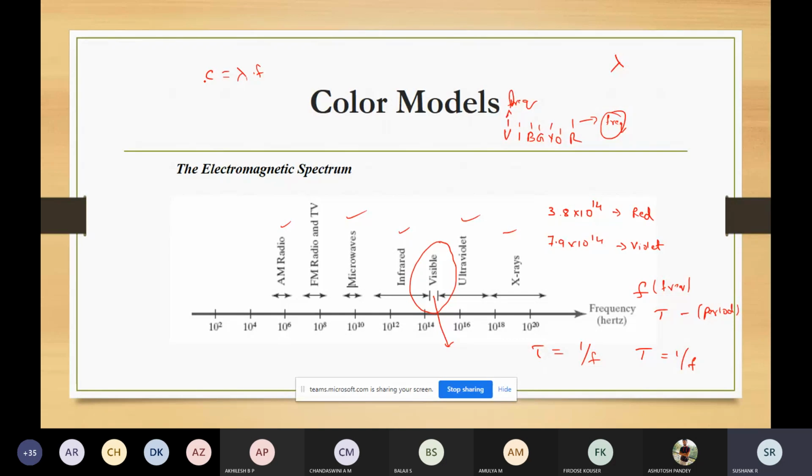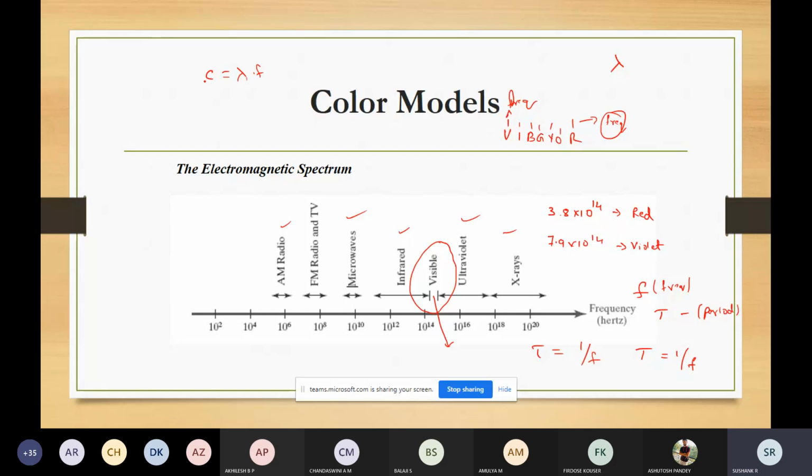Usually these colors are represented in terms of wavelength, in units of angstrom. For example, light at low frequency is given by the red light.